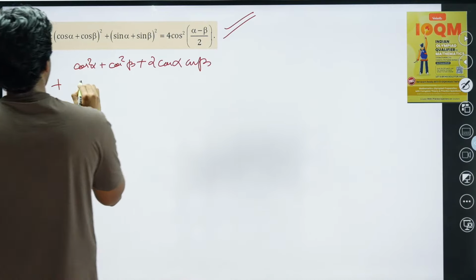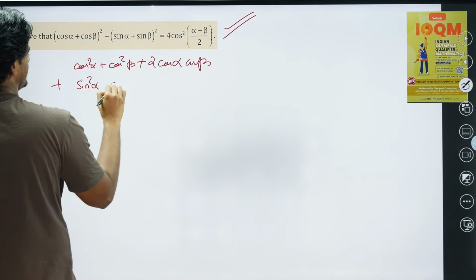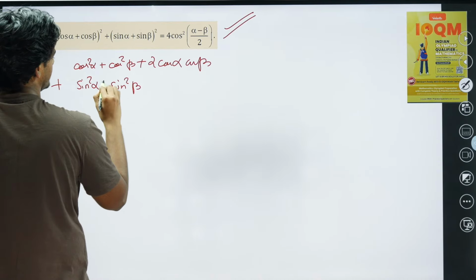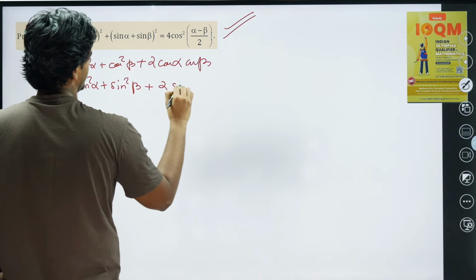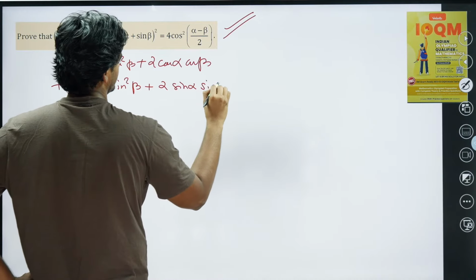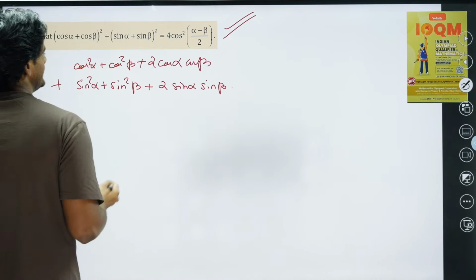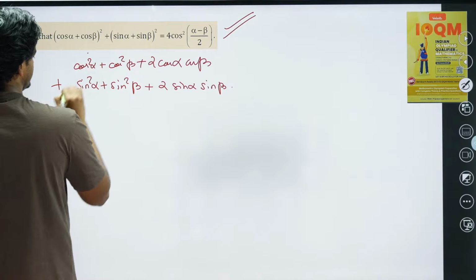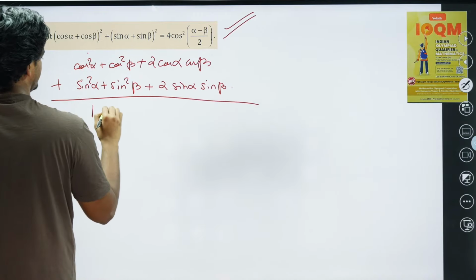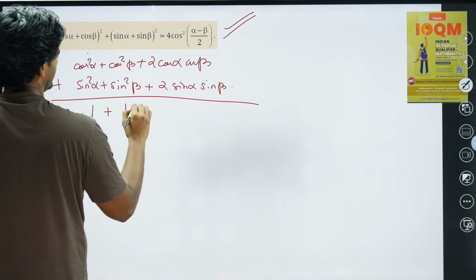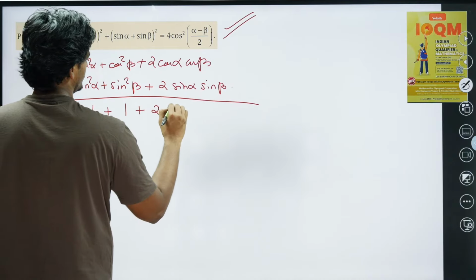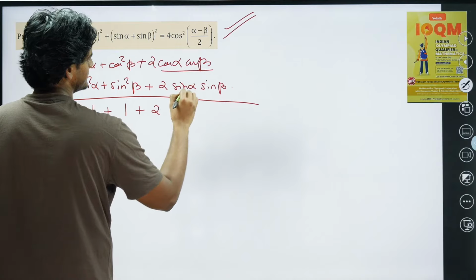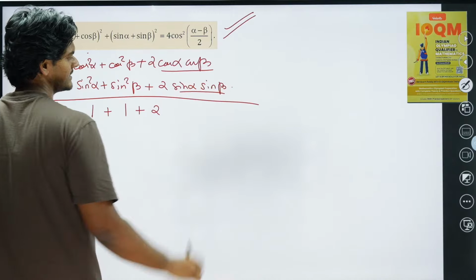Plus sine square alpha, sine square beta, plus 2 sine alpha, sine beta. This becomes 1 plus 1 plus 2 sine alpha sine beta, cos alpha cos beta.